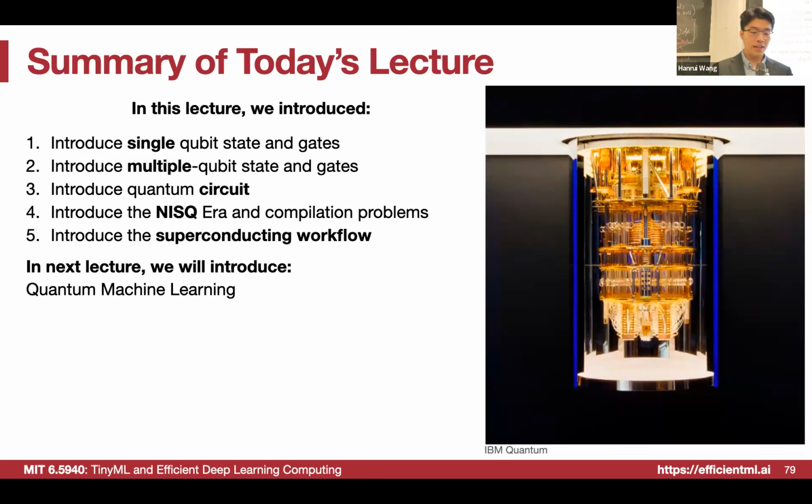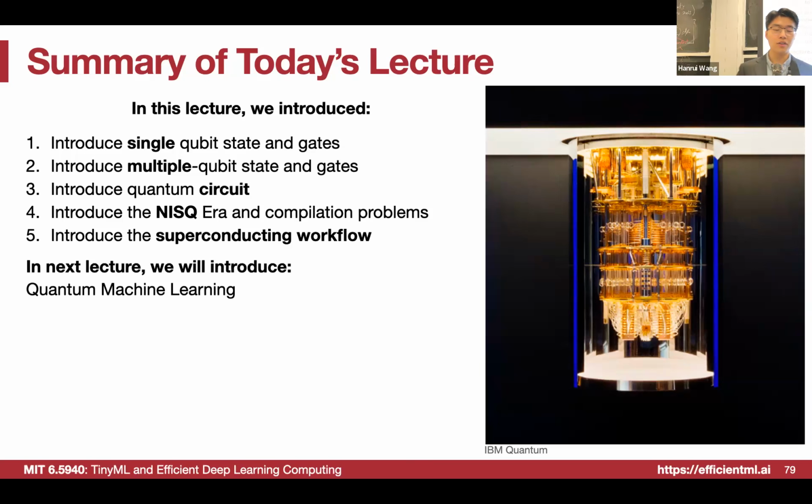Okay, so in today's lecture, we briefly introduced and motivated why we are using quantum, which has the potential for the ultimate solution of computing power, and what the basic operations are for single qubit gates and multi-qubit gates, and how we can do holistic computation using a quantum circuit that contains encoding, computation, and measurement.